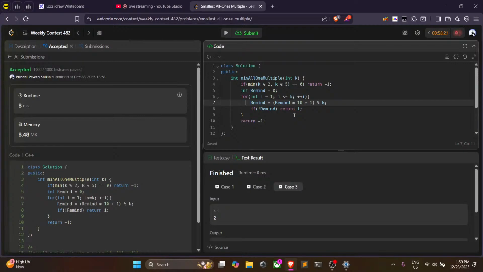Basically, I'm shifting the remainder a bit to the left in decimal place and then adding one. That means it's basically 111 kind of a thing. And then I'm checking with k.